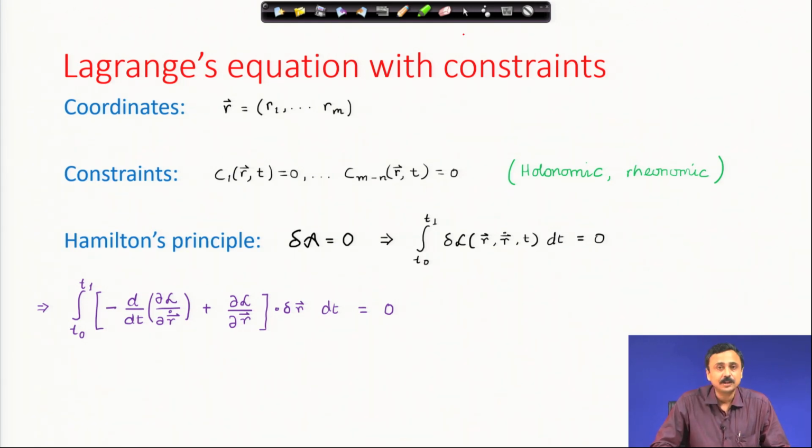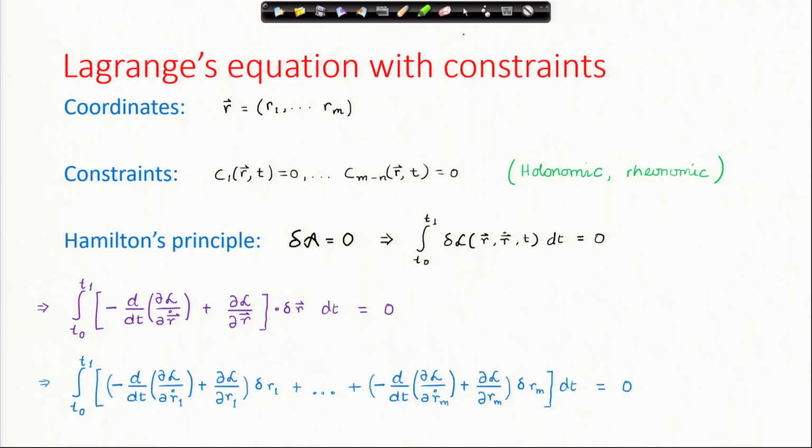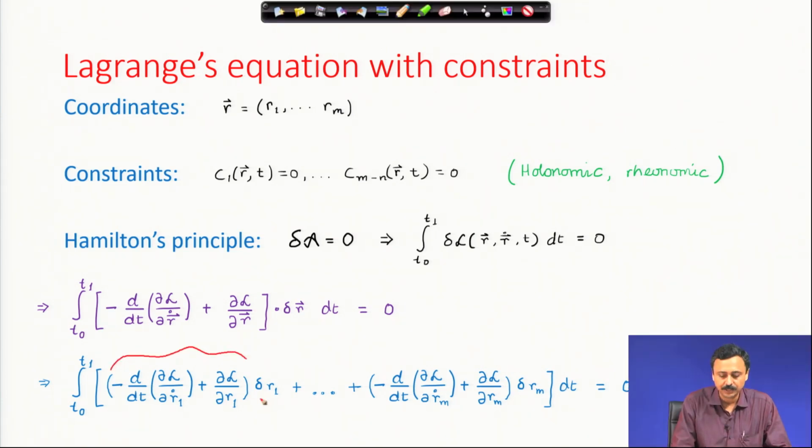But these delta r's are not independent, remember, because we have constraints. I have now written this dot product in a detailed form. For example, this first term corresponds to the first generalized, first physical coordinate, the variation in the first physical coordinate, or the virtual displacement in the first physical coordinate direction.